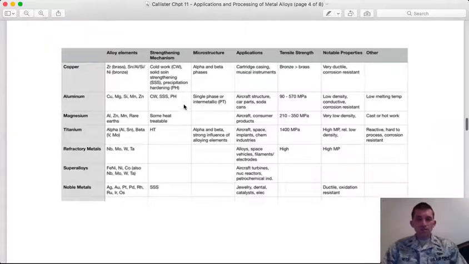Those are similar, in which case you're tailoring the microstructure and bringing out some of these alloying elements in such a way that you can impede the dislocation motion within the structure to an optimal degree.